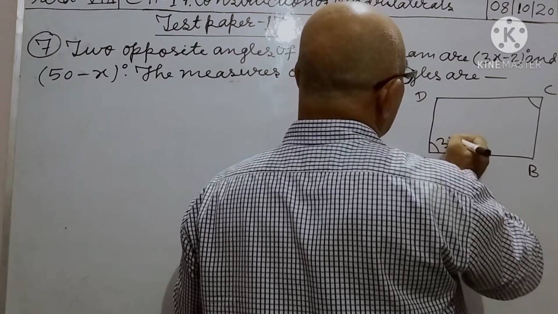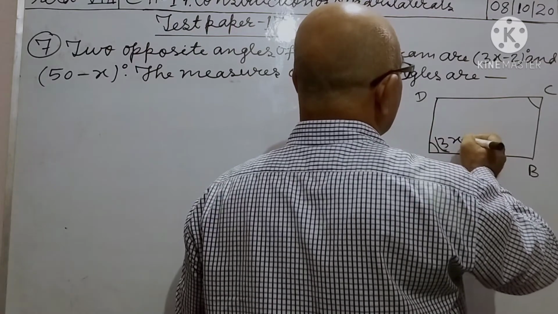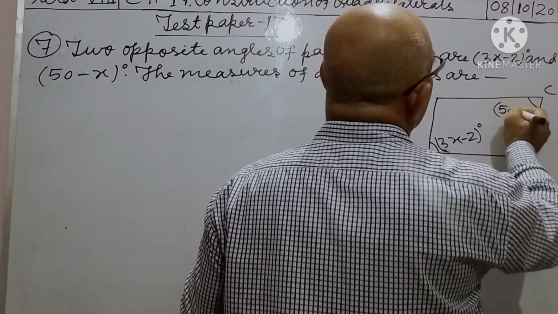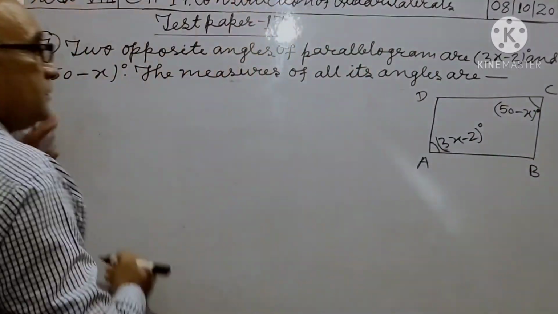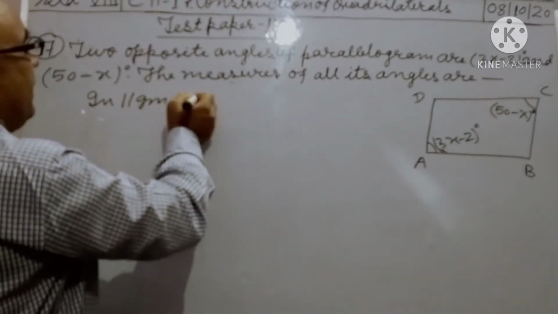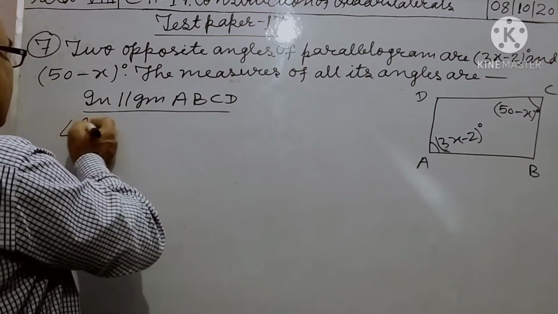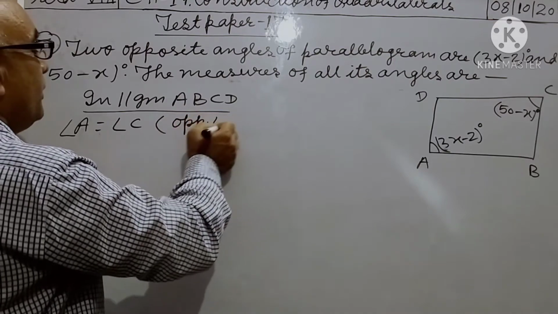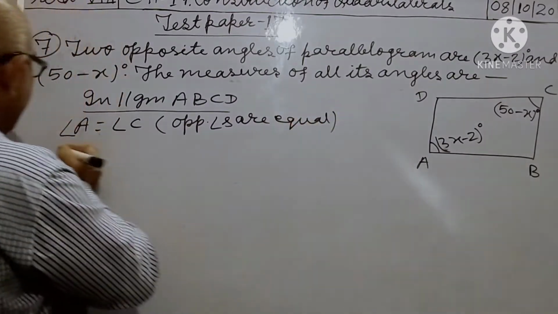Suppose angle A equals 3x minus 2 degrees and angle C equals 50 minus x degrees. So in parallelogram ABCD, angle A equals angle C. Opposite angles are equal.